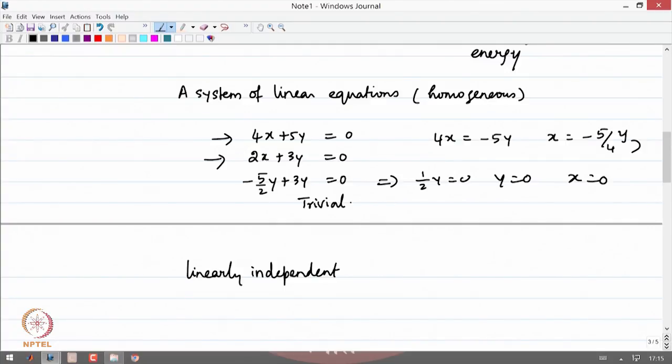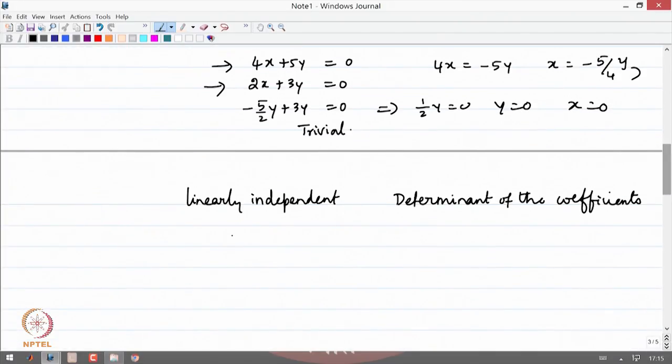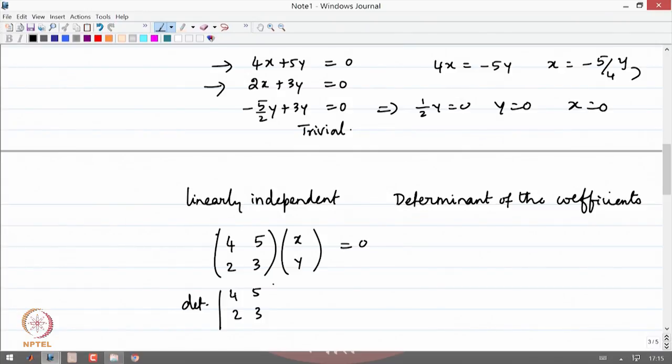I am sure you have seen in your previous algebra that the determinant of the coefficients, written in matrix form as 4, 5, 2, 3, is non-zero.